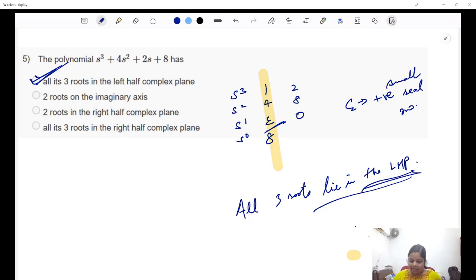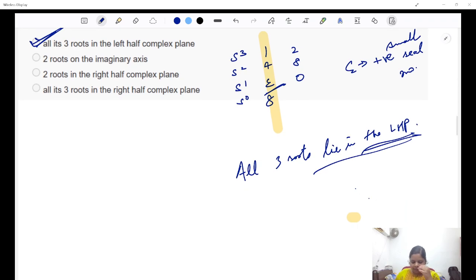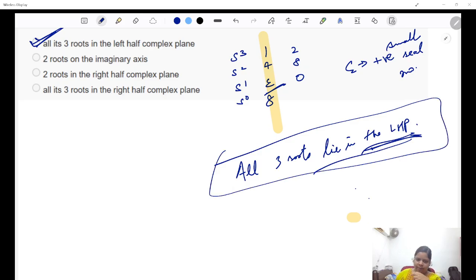And what can we say? Anything more that we can say? When 3 roots are lying in the LHP, that is a very bold statement to say. But since we have got a row to be 0, that means the roots have something to do with the imaginary axis.